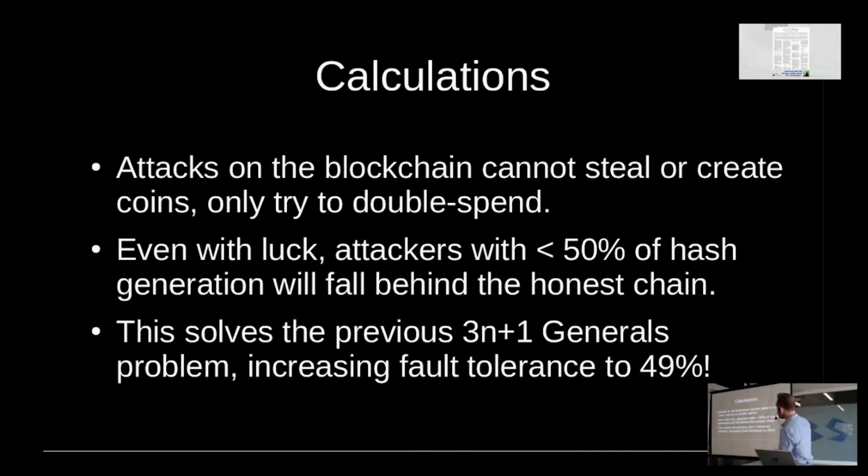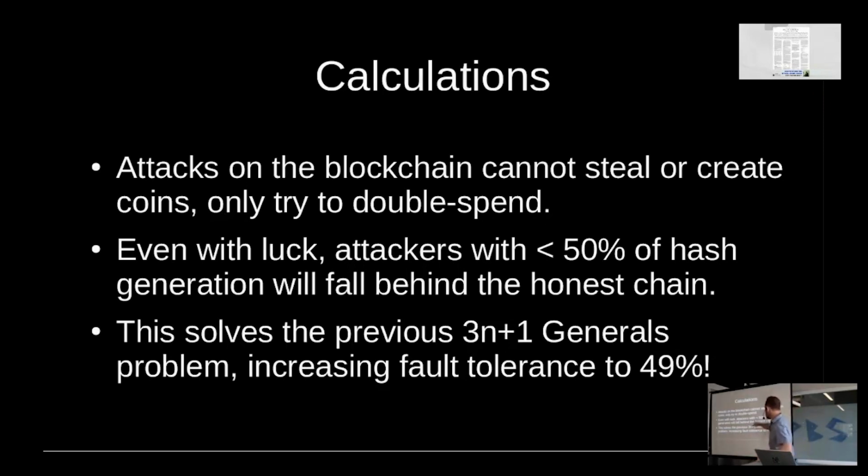And so what the paper proves is that even if this attacking chain gets a lucky start and they get ahead in the beginning, if you have less than 50% of the hash power, or you're generating less than 50% of the hashes for solving the proof of work, you will always fall behind the honest chain.